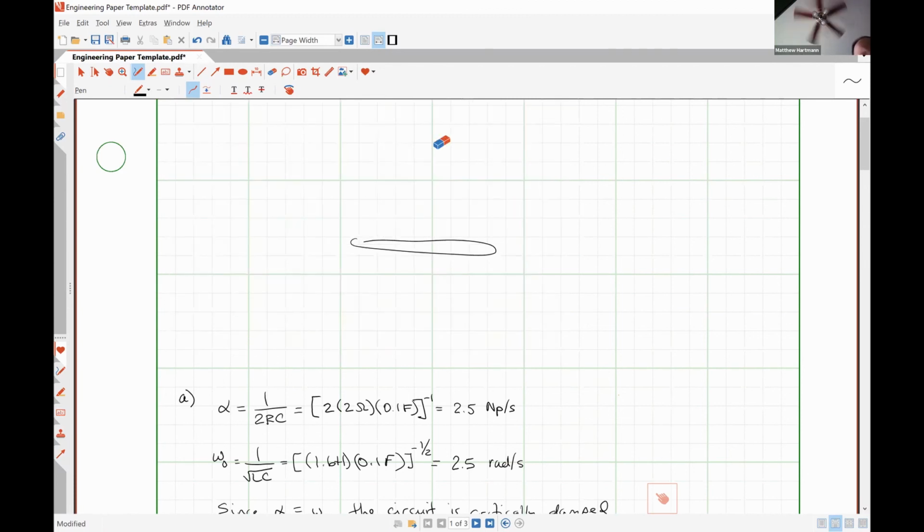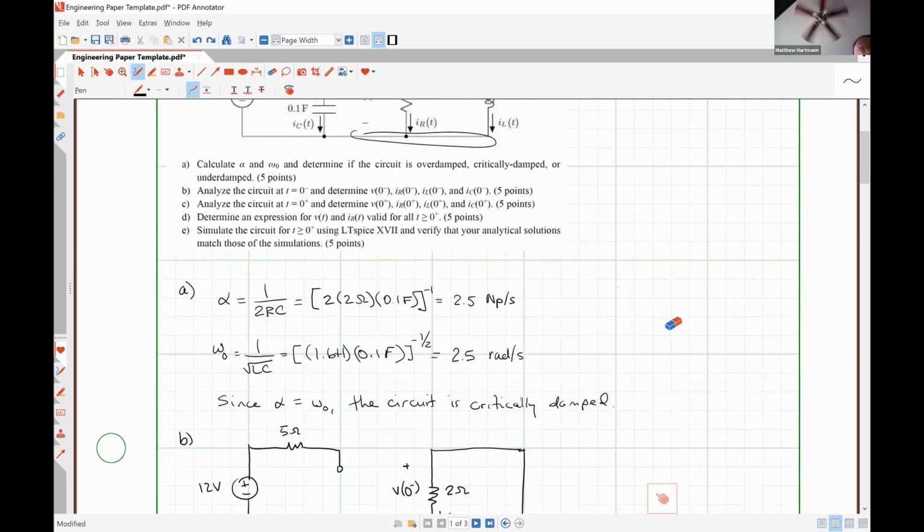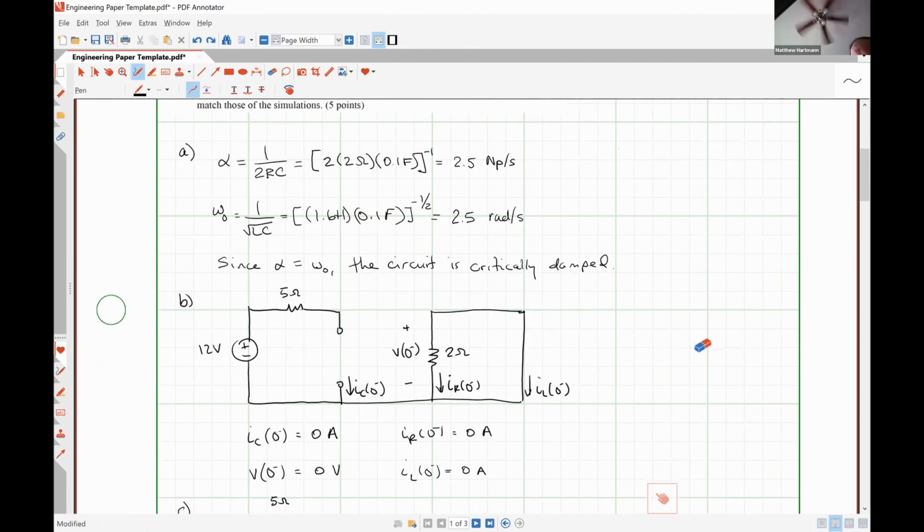So we're also going to need to figure out what this voltage VC at 0 minus was, because that's going to influence how our circuit behaves at t is equal to 0 plus. Does anybody have any idea what that might be? 12 volts. 12 volts.